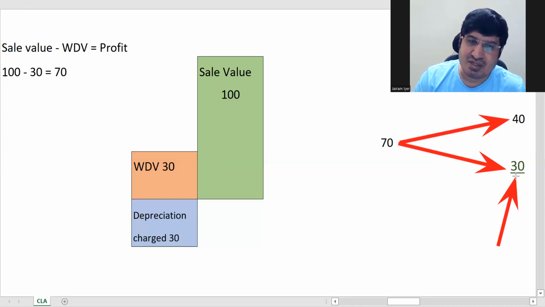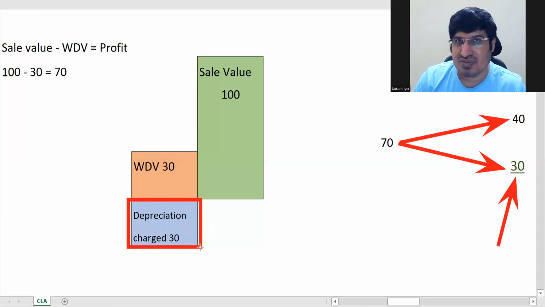Okay, so balancing charge can never exceed your accumulated depreciation.